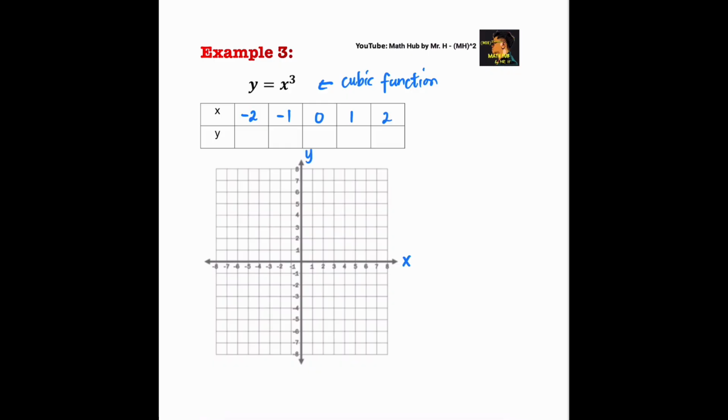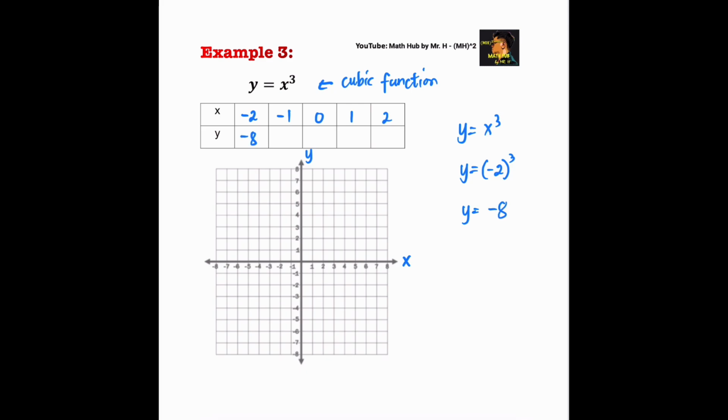So same process that we need to do. If x is -2, just plug it in here. So y equals x cubed. If x is -2, we'll have -2 times -2 times -2, so y will be equal to -8.